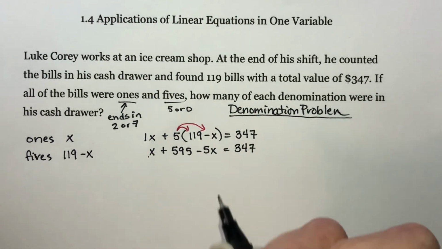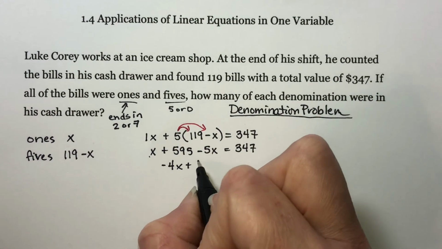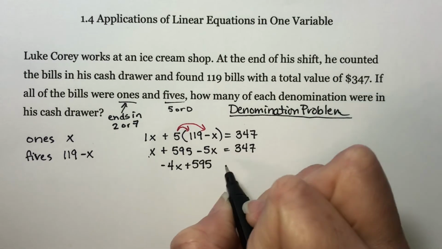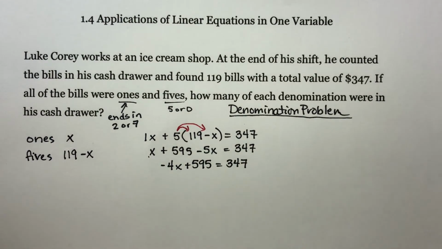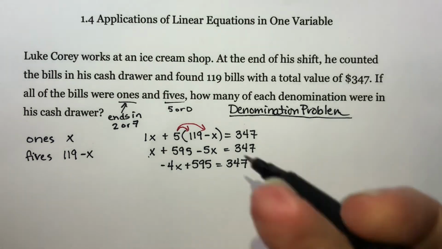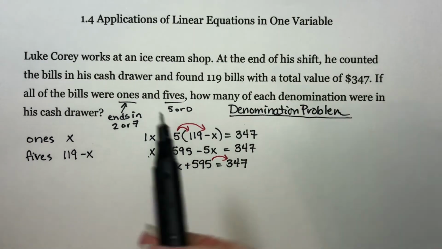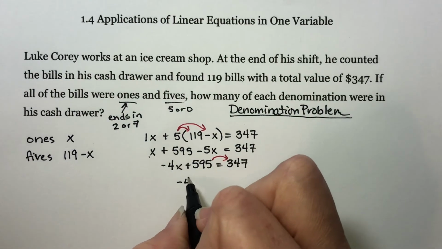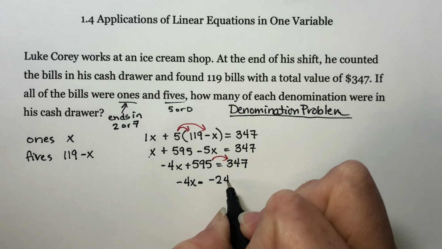Now we have like terms here. x minus 5x is negative 4x plus 595 is equal to 347. Now let's subtract 595 from both sides. And I get negative 4x is equal to negative 248.